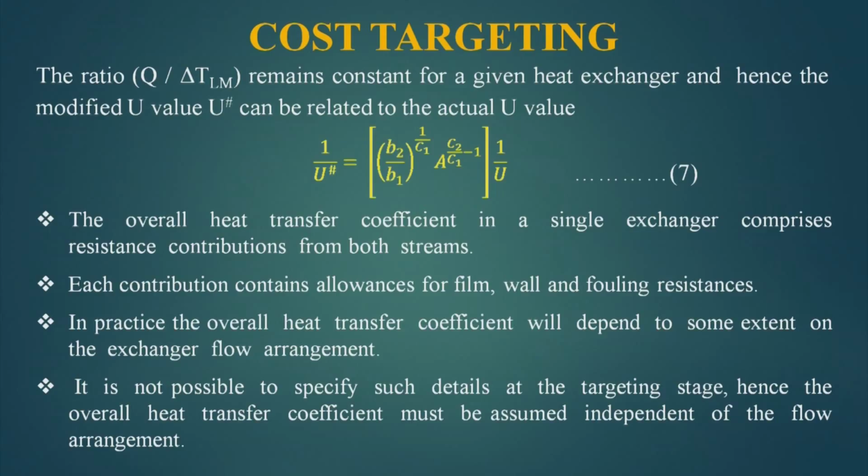It is not possible to specify such detail at the targeting stage. Hence, the overall heat transfer coefficient must be assumed independent of the flow arrangements. It shows some lacuna in the targeting procedure. Targeting procedures cannot be very exhaustive, and hence we have to compromise in the targeting stage.